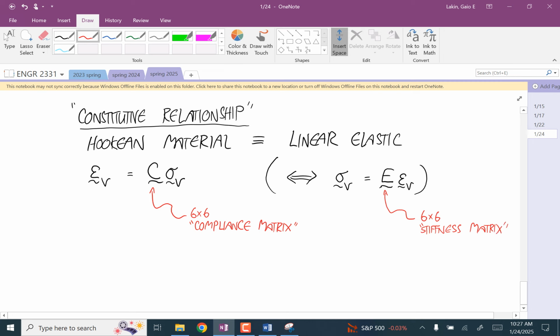And the relationship between these is C is the inverse of E, and therefore E is the inverse of C. And your calculators will do those inverses for you. So if you can calculate one, your calculator will do the rest.